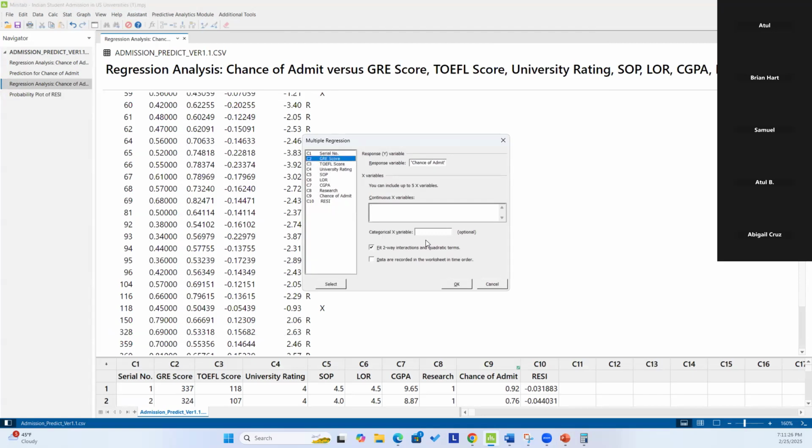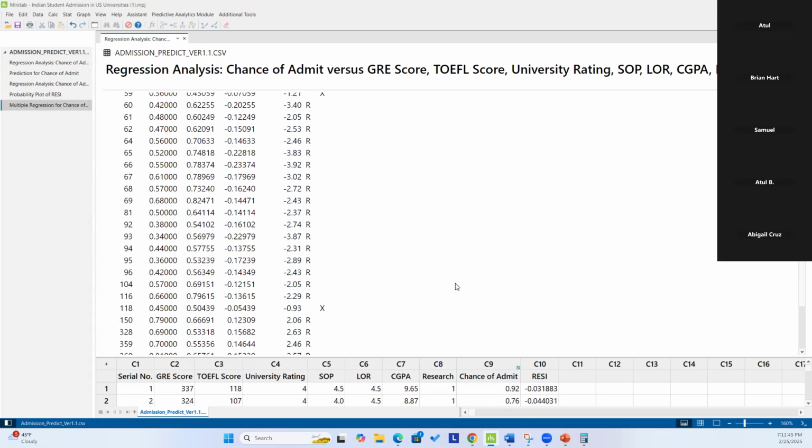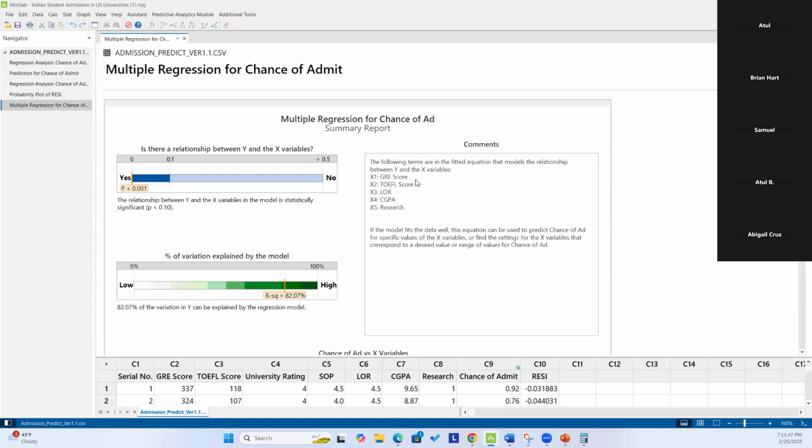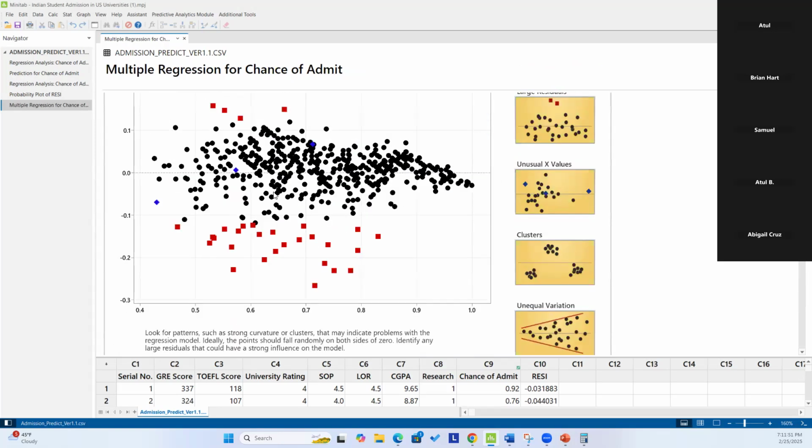I think 5 variables can be used here, not more than 5. So we are not using the statement of purpose. Okay, here you can see, look into that.